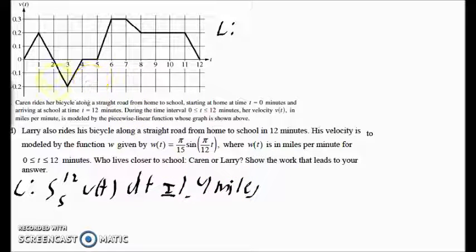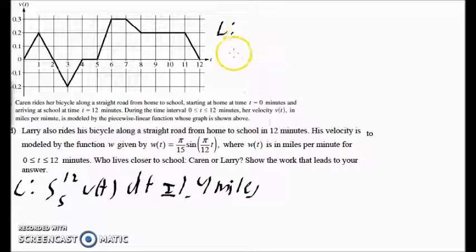Notice that we're not taking the total distance, the absolute value, or incorporating these. Even if we did these, they cancel out, but since Karen turns home, she actually restarts to the school at 5 minutes, so therefore we only need to take the integral from 5 to 12, which happens to be 1.4 miles.